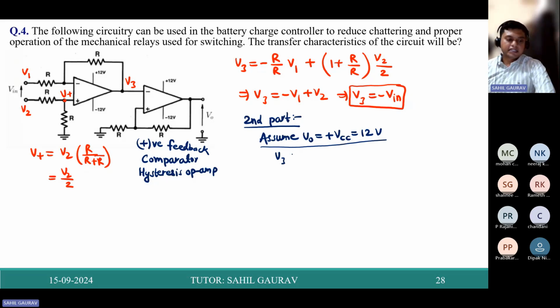If V3 is less than 6 volt, then the output will be plus VCC, so V0 will be plus VCC. And if V3 is greater than 6 volt, this output will be minus VCC.